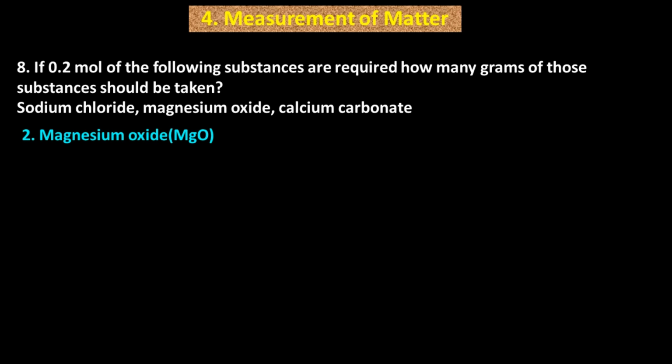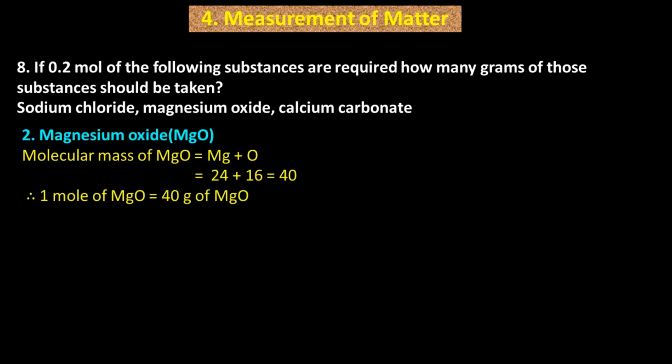2. Magnesium oxide MgO. Molecular mass of MgO is equal to Mg plus O, that is 24 plus 16 is equal to 40. Therefore, 1 mole of MgO is equal to 40 gram of MgO.